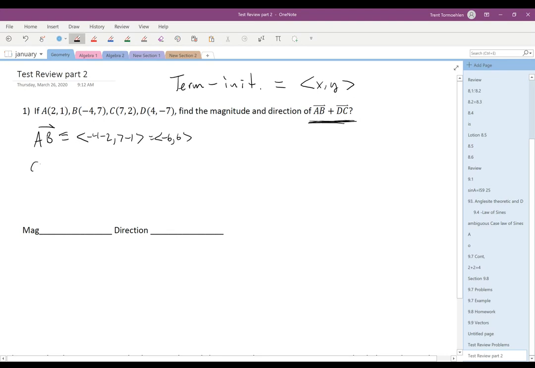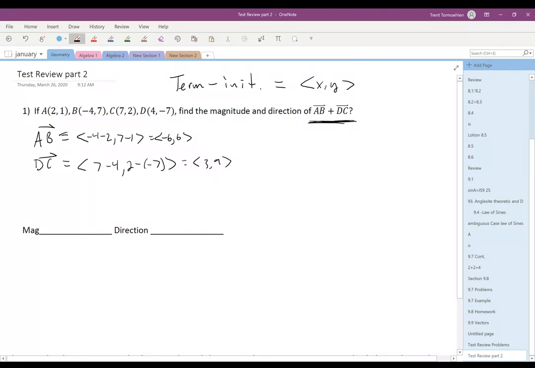And then CD, or DC, D is the initial, C is the terminal because of where the arrow is. So we're taking D away from C, so it's going to be 7 minus 4 and 2 minus a -7, which turns out to be 3, 9.